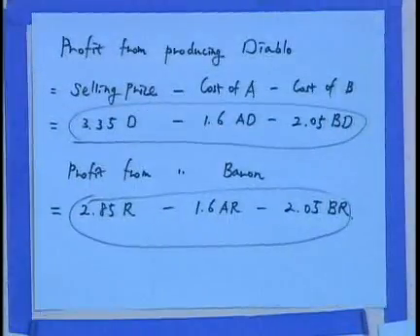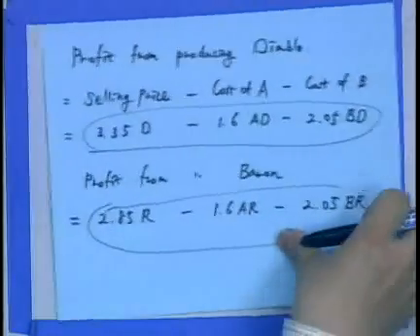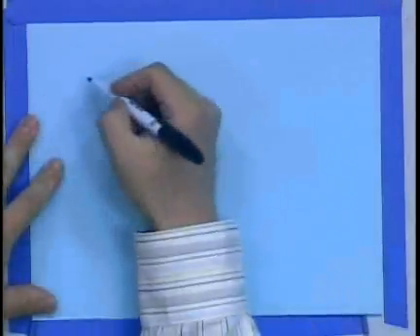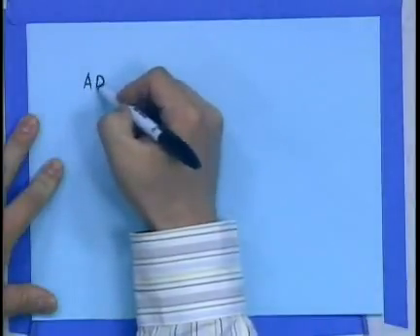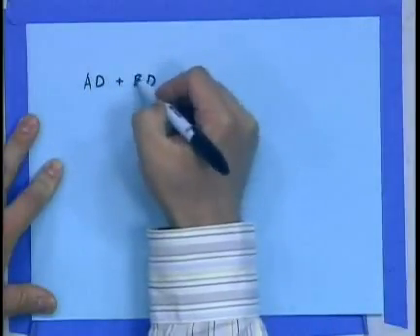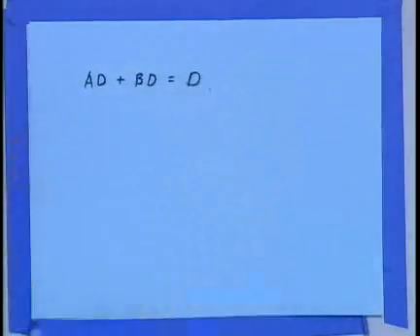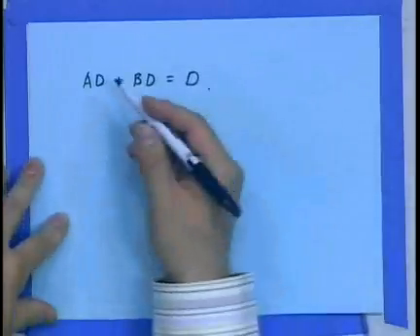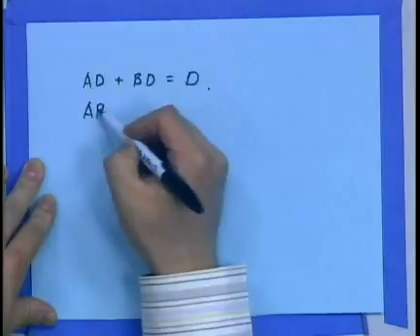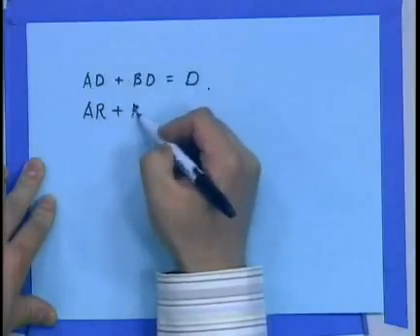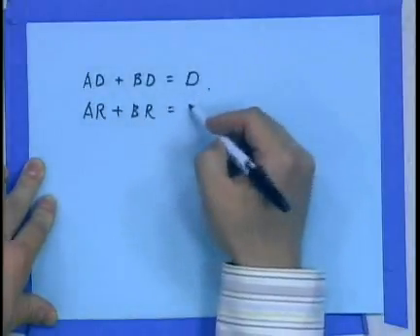And because spicy Diablo is made by blending two ingredients, A and B, we have the first constraint, AD plus BD equals D, right? Likewise, because Red Baron is made by blending two ingredients, A and B, we have another constraint, AR plus BR equals R, okay?